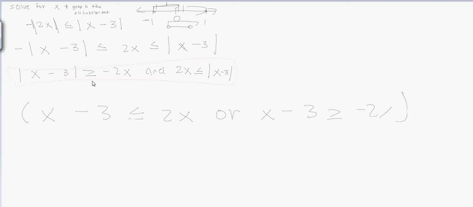Because as you can see, if negative 2x is your 0 point, the absolute value is a distance, and the distance must be equal on both sides of this value.